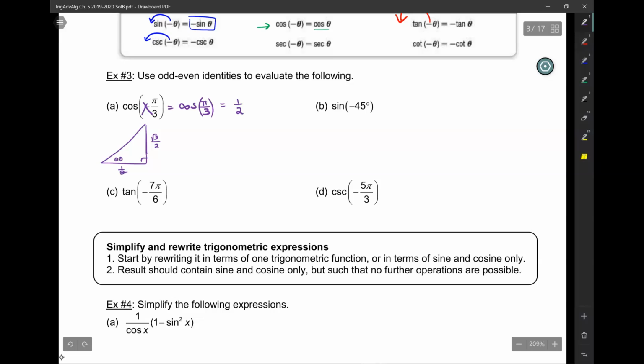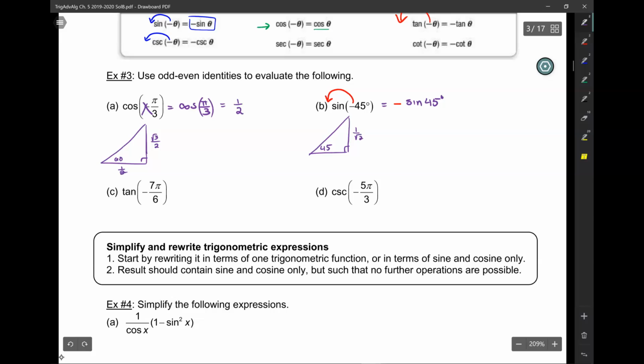Here I have sine of negative 45. When it's a sine, the negative will come out, and this is going to equal negative sine 45. Now, for that one, my triangle is the 45, 45, 90.